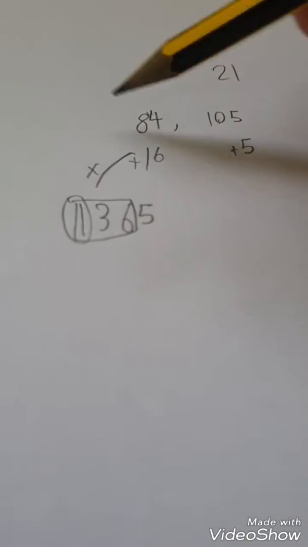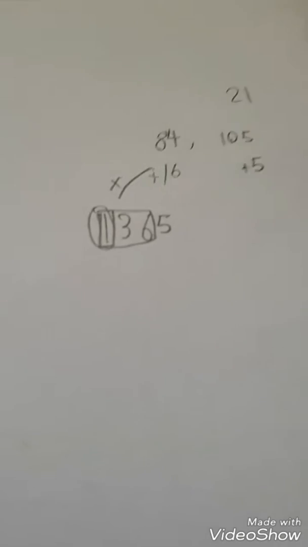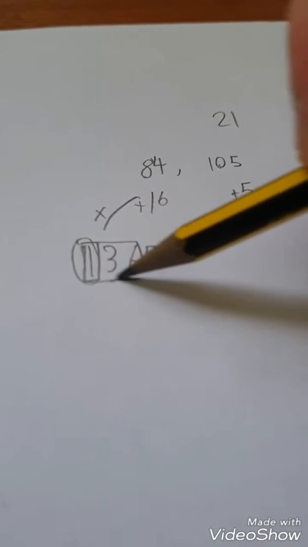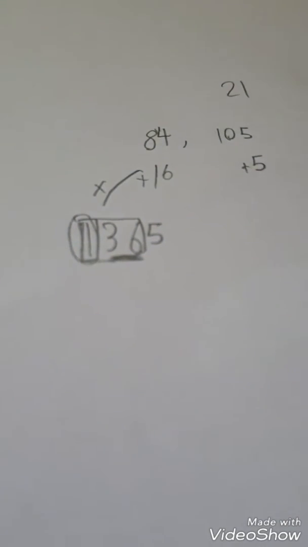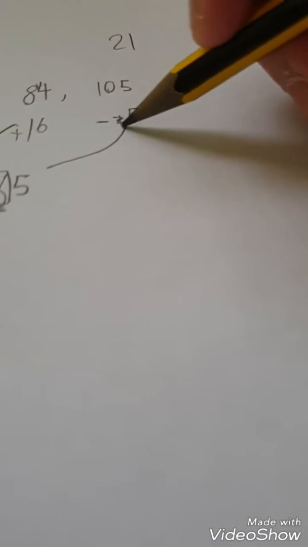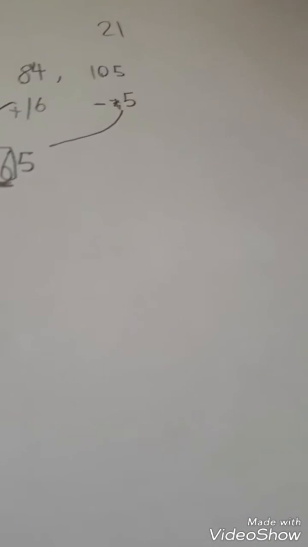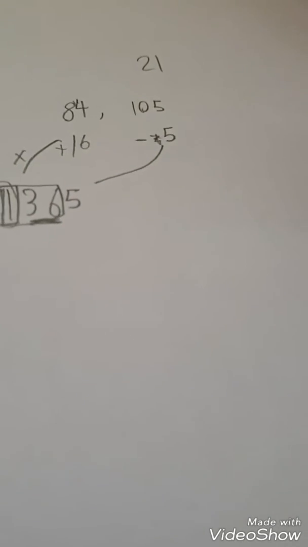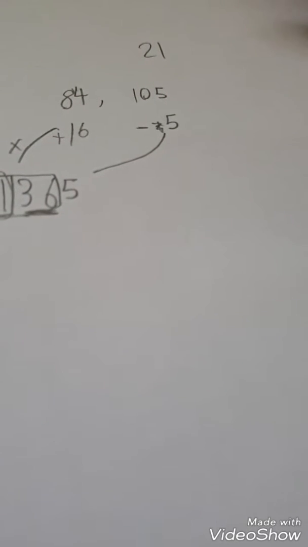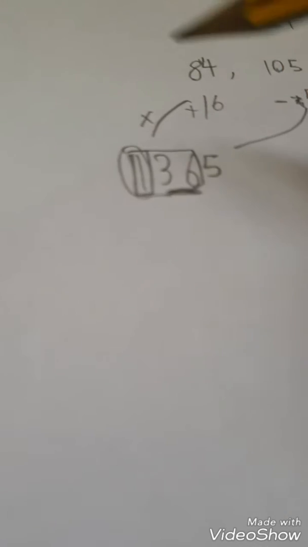You multiply it by this one and add it to the next two digits, which is 36. Or you can leave the signs and make minus, but I will use plus more.